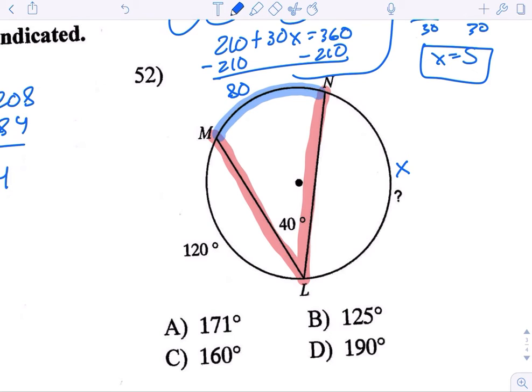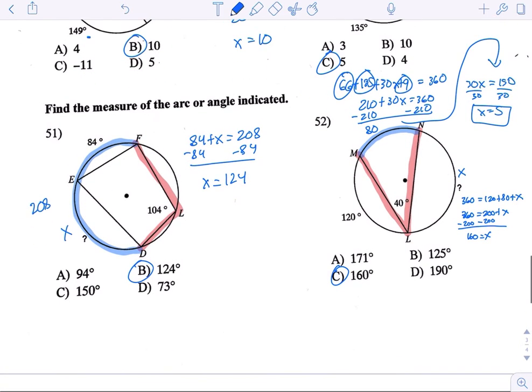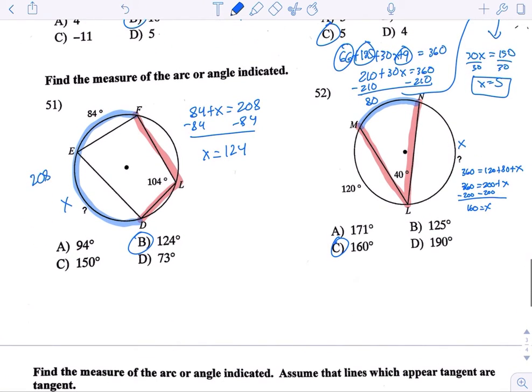Basically, our circle is 360. So 360 is equal to 120 plus 80 plus x. 360 is equal to 200 plus x. Subtract 200 from both sides, and you guys are going to get 160 is equal to x for C. So you guys are going to have to know your inscribed angles for sure, and then remember it's half of the arc, or the arc is double the inscribed angle.